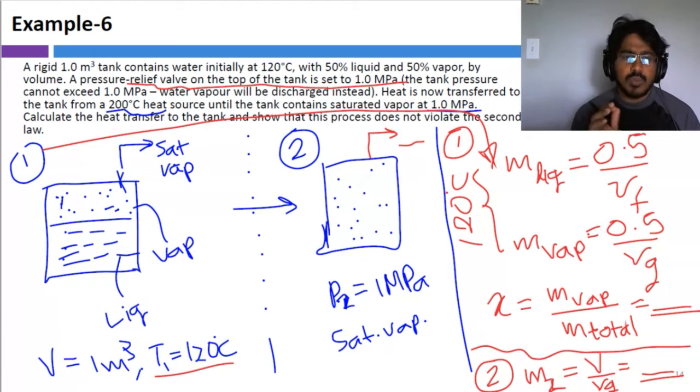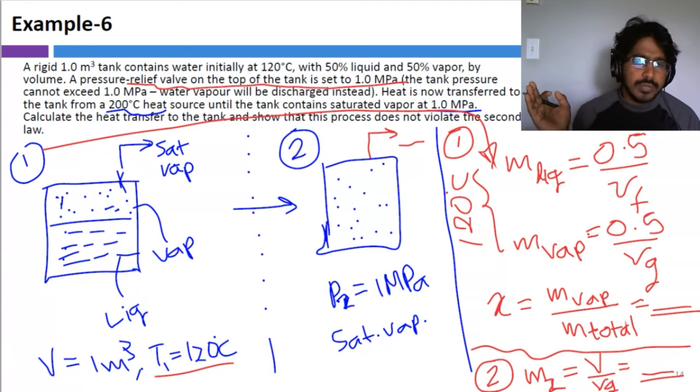So unless the pressure is 1 megapascal, the vapor cannot leave the system. So that means once we reach 1 megapascal, vapor keeps leaving the system, but the pressure does not grow any further. So it's always going to be 1 megapascal, and the water leaving the system is going to be saturated vapor at 1 megapascal.